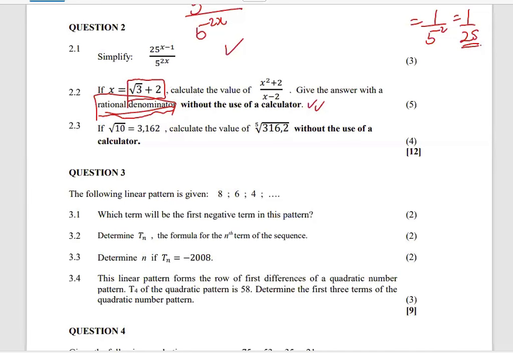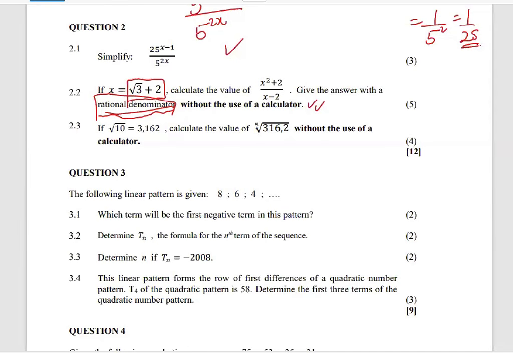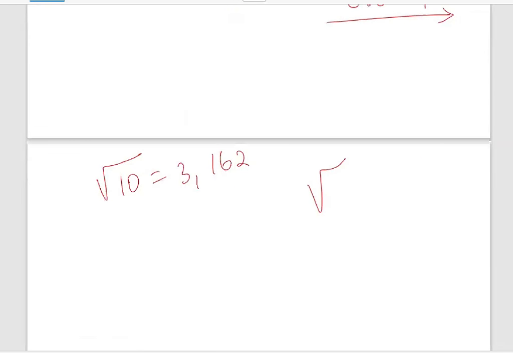So what we know is that the square root of 10 is 3,162. What does the question want? The 5th root of 316,2.